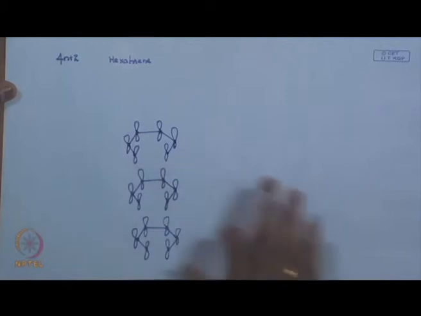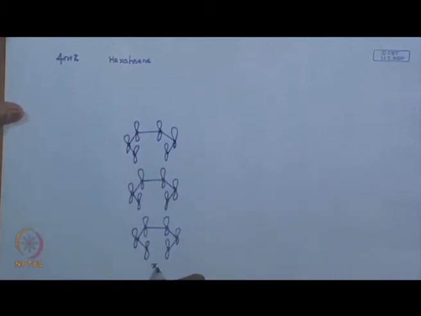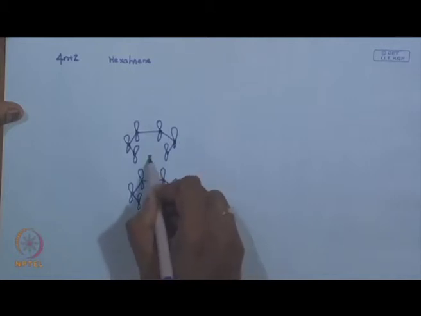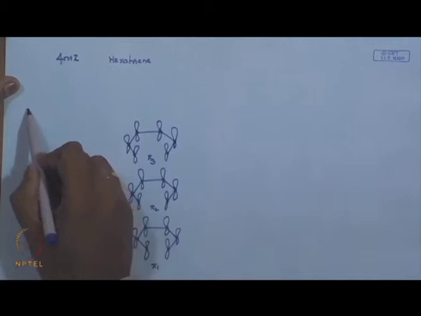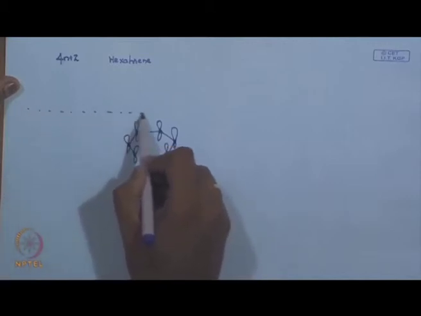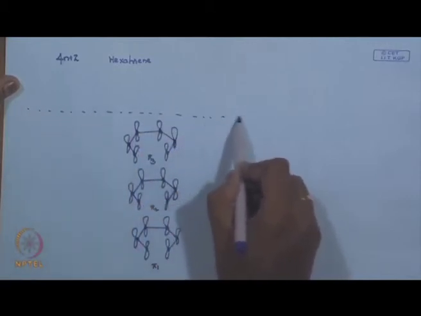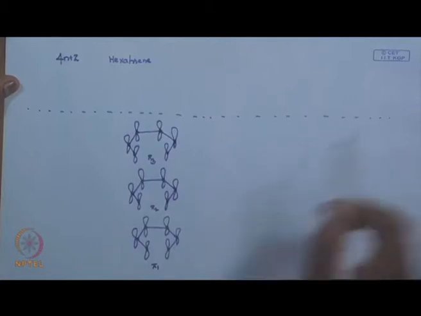So this will be your bonding orbital, right? So we can call them pi 1, pi 2 and pi 3. So these 3 will be your bonding.